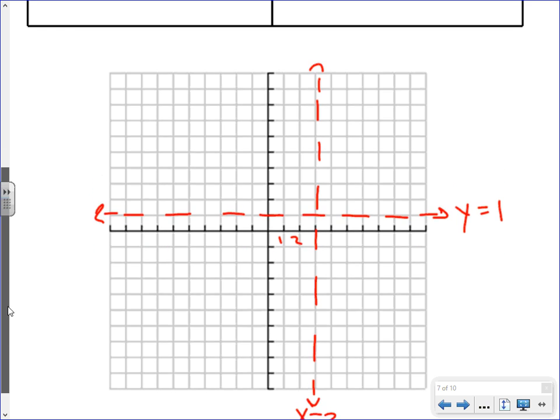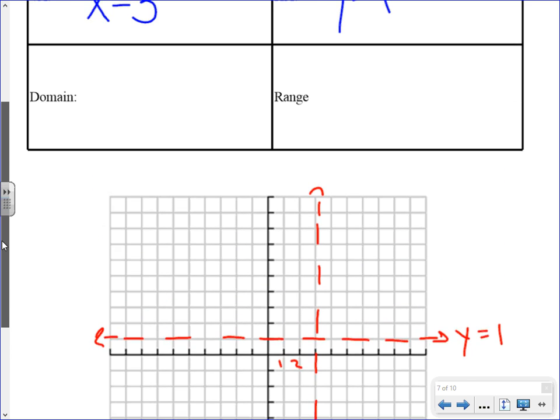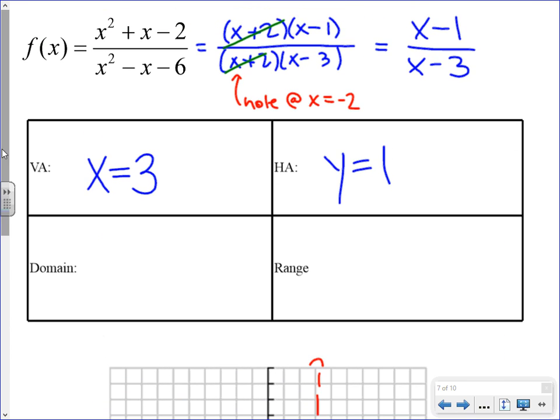Okay, the domain we can always identify before we graph it. The range, typically we want to wait till the end. Okay, so our domain, we have to look at our original function. There are 2 places where the denominator is 0, so both of those have to be excluded.